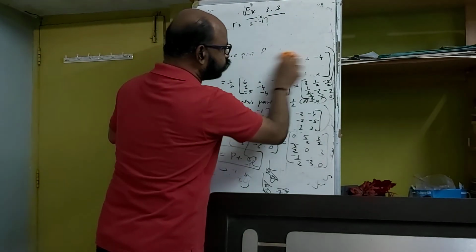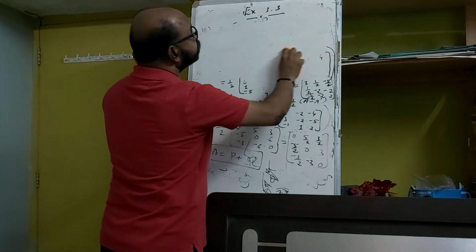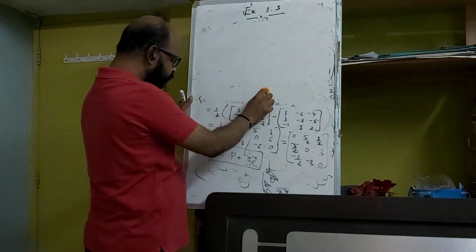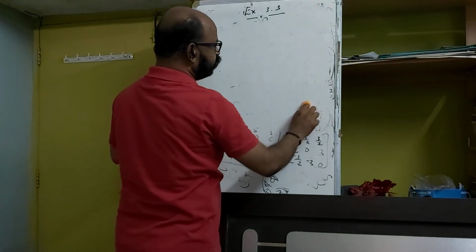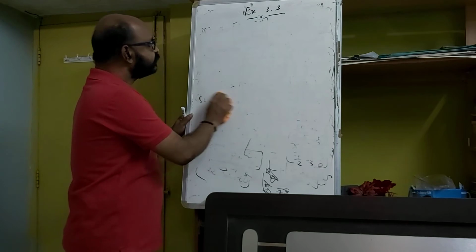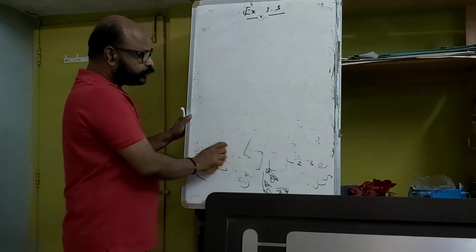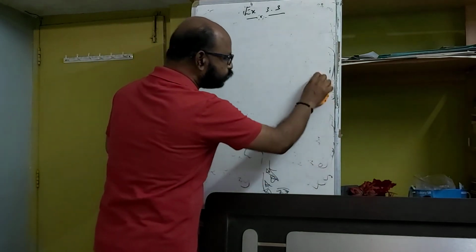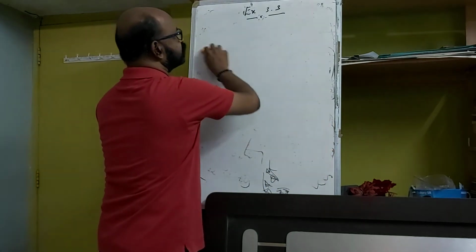So the last two questions we have seen, when a matrix A is given, it can be expressed as the sum of a symmetric and skew symmetric matrix as A equal to P plus Q, where P is the symmetric part and P is equal to half into A plus A transpose. Q is the skew symmetric part and Q is equal to half into A minus A transpose.